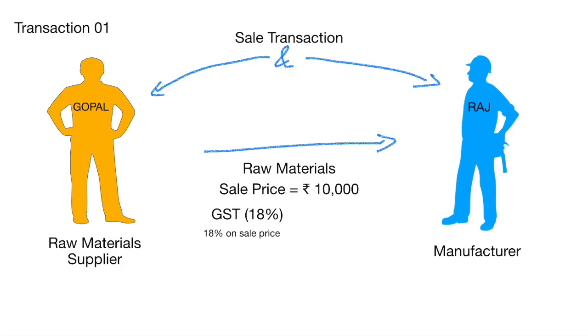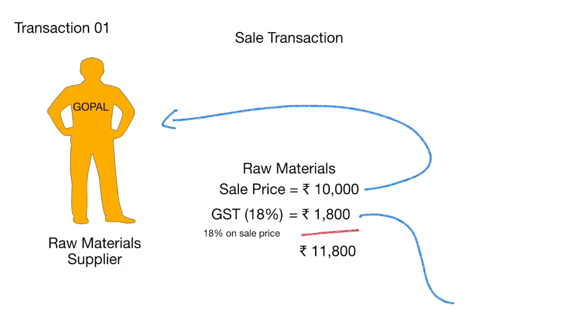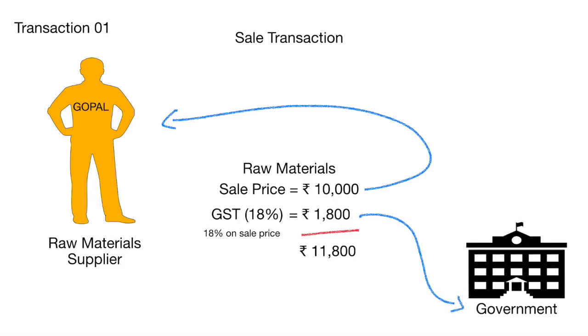So Raj will have to pay 10,000 towards sale price and 1,800 as GST on this sale price to Gopal for the purchase of raw materials. After the transaction, Gopal, who received this total amount of 11,800, will have to pay the GST collected by him to the government. That is, Gopal will pay 1,800 rupees to the government. This way the government receives the GST.